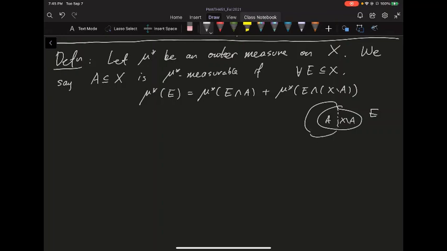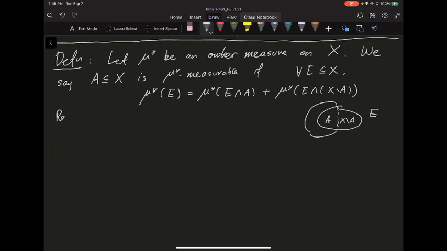This set A is called mu star measurable if this division will not break the outer measure of E, as you would expect. The outer measure of E has to be equal to the outer measure of E intersect A plus the outer measure of the part that's not in A. So this is the definition.